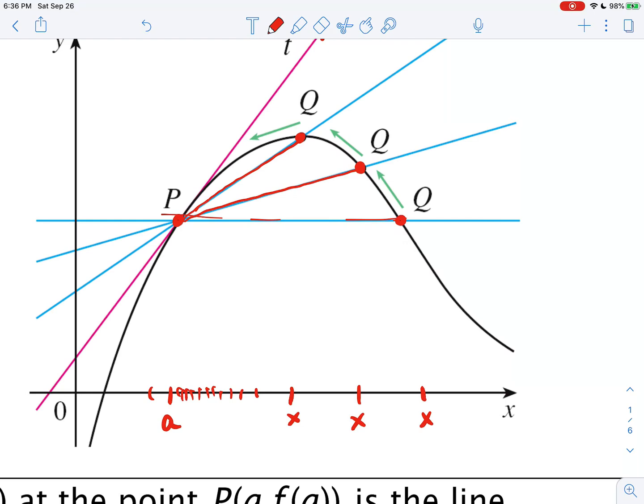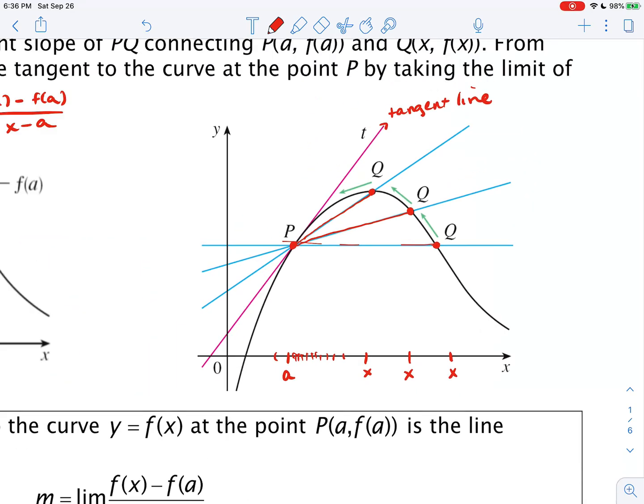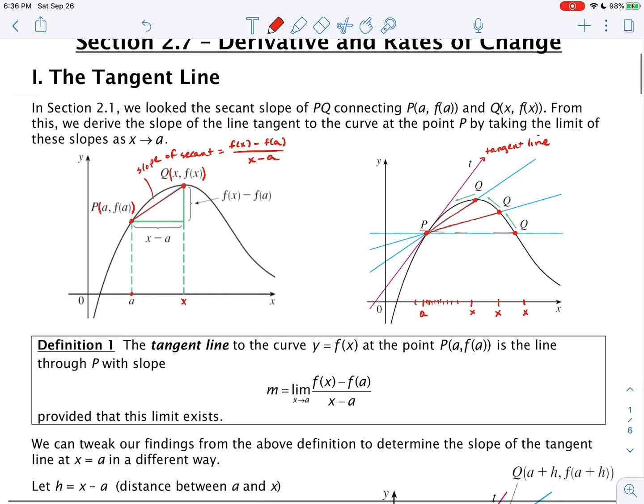So we want to define our instant rate of change, or the slope of our tangent line, to be a two-sided limit. Here's what it is. The tangent line to a curve y equal to f of x at our point A, f of A, is the line through P with the slope, the limit as x approaches A of f of x minus f of a over x minus a.